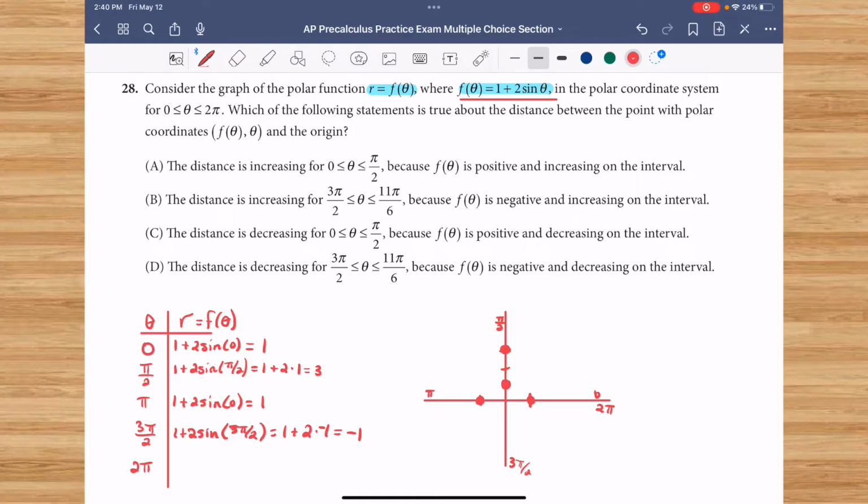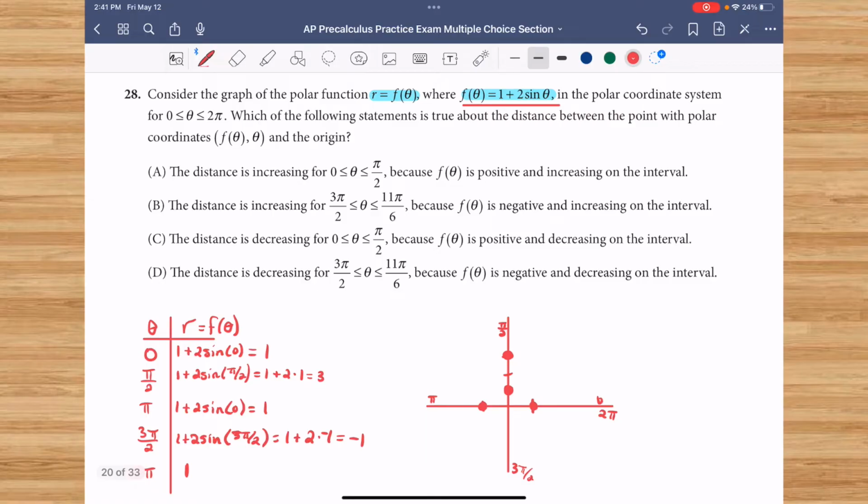So that's going to put me up here on the positive y-axis. And then back at 2 pi, this will have completed a full cycle, so I'll be back to where I started, and I'll have a radius again of 1. So the way that this is plotted is kind of going in this spiral motion. I am going to hit the pole here at some point.